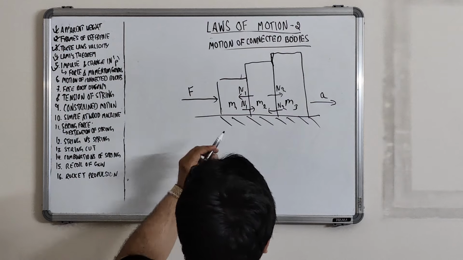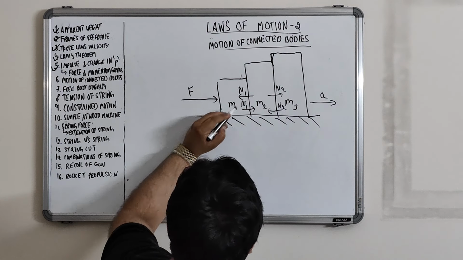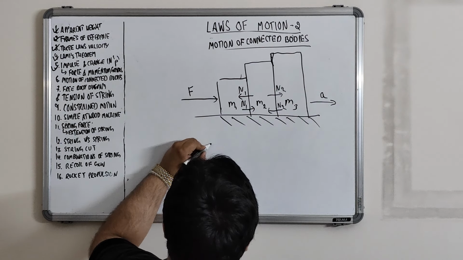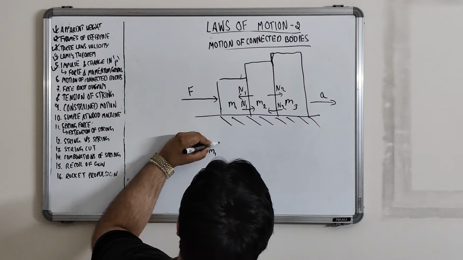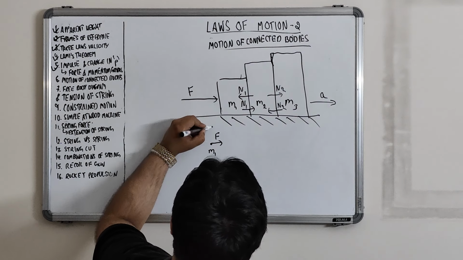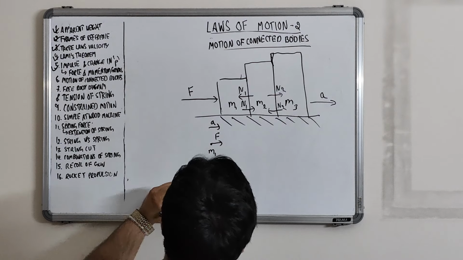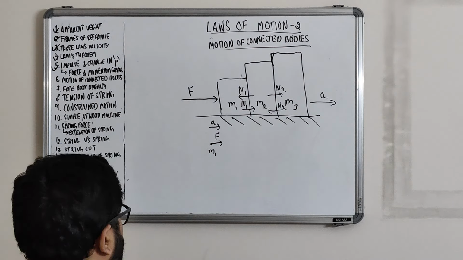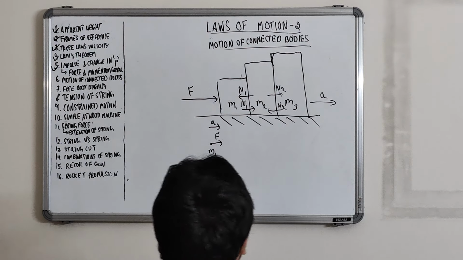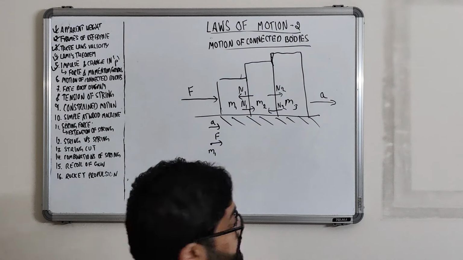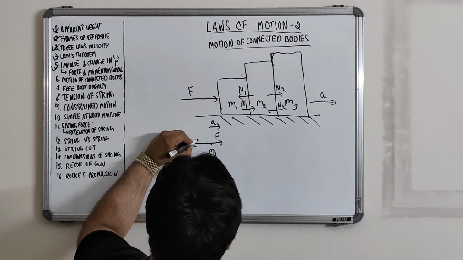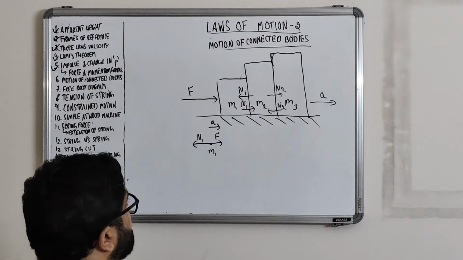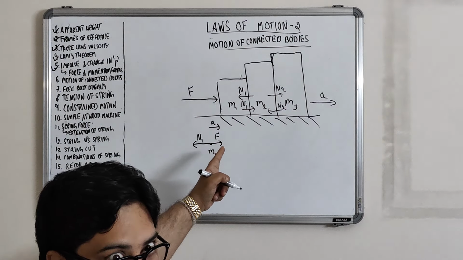So when we talk about n1, there's this m1. It's experiencing this force F, acceleration is in this direction, right? And what is it experiencing? Not what it's applying, what it's experiencing? It's experiencing this force n1. Net force is ma.